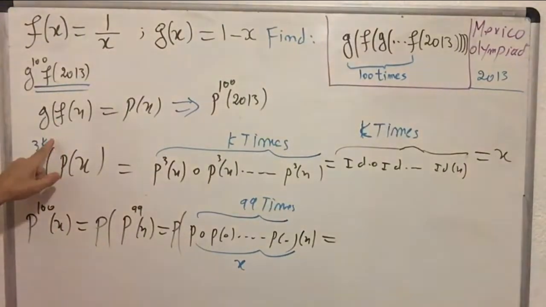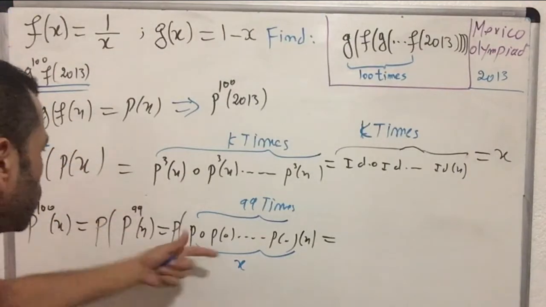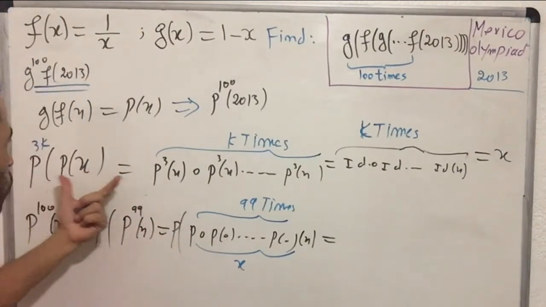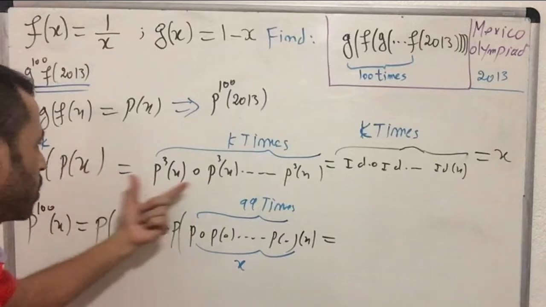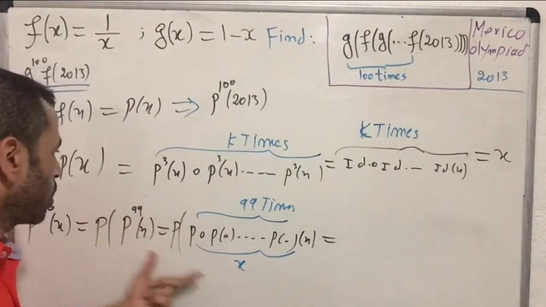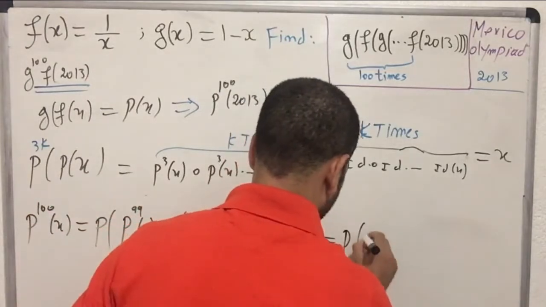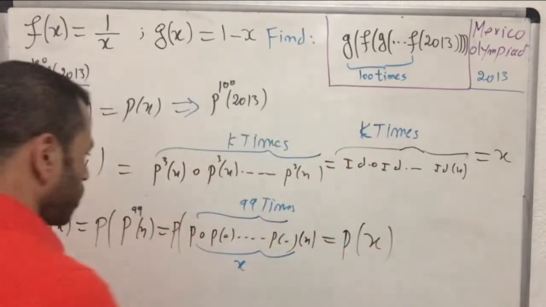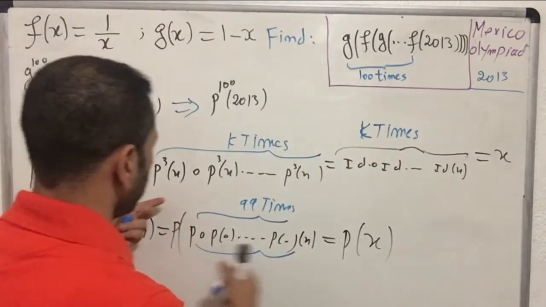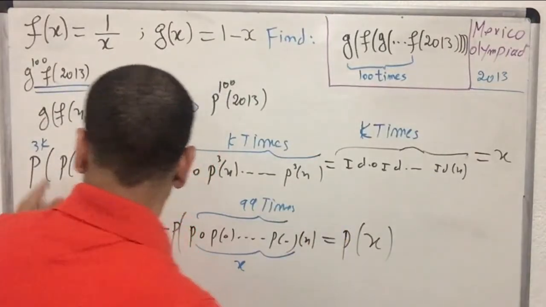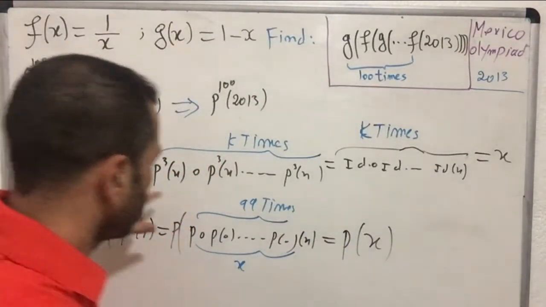So 3 times 33 is 99, and the composition of 99 times gives the identity function. So p of x is obtained by replacing the identity function into its value. It has to be of the form 3k.